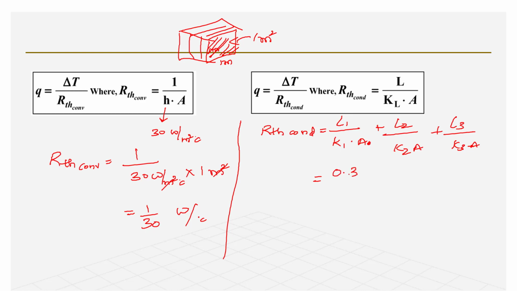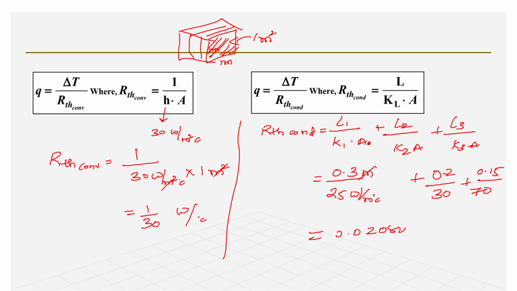L1 is 0.3 meters, and K is 25 watt per meter degree Celsius, plus L2 is 0.2 upon 30, plus L3 is 0.15 upon 70. This comes to around 0.02080 degree Celsius per watt. And here we have 1 by 30, so the units cancel, giving degree Celsius per watt.